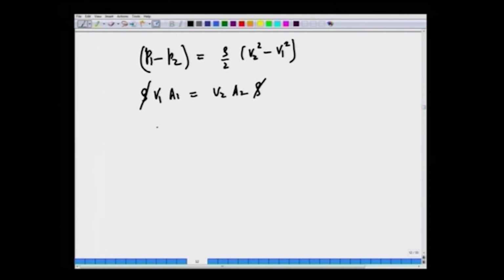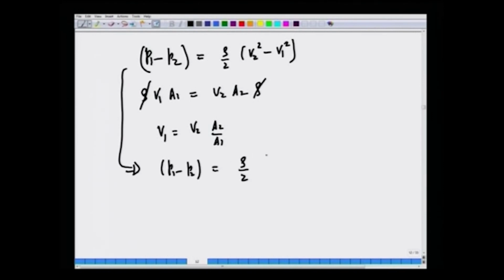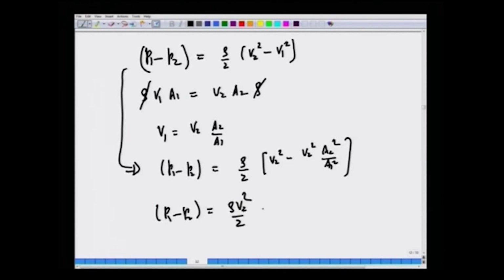So, you can write V1 as V2 times A2/A1, so that this equation becomes P1 - P2 = rho/2 times (V2^2 - V2^2 A2^2/A1^2), or P1 - P2 = (rho V2^2/2) times (1 - A2^2/A1^2).